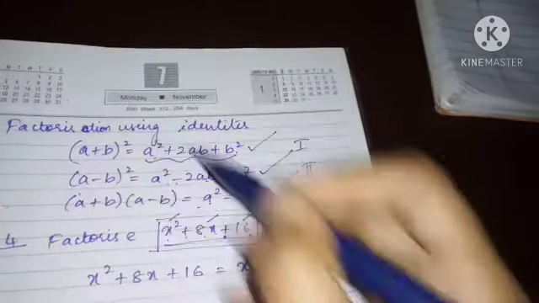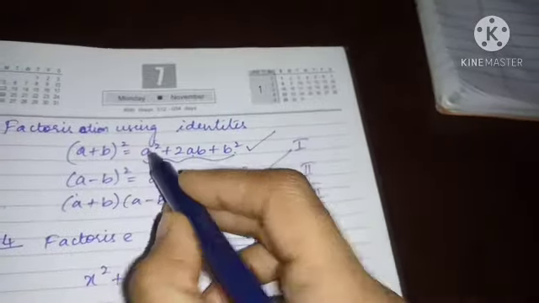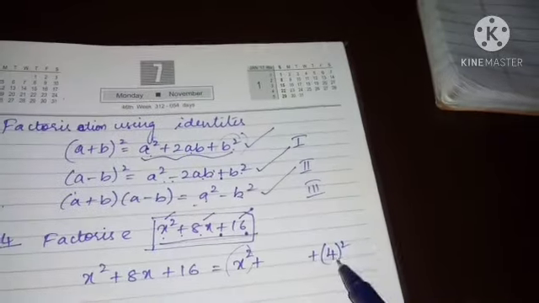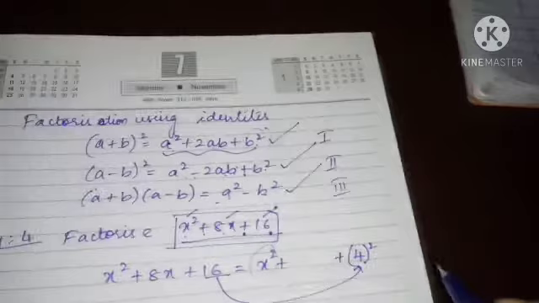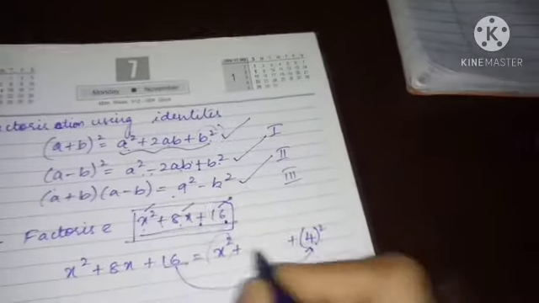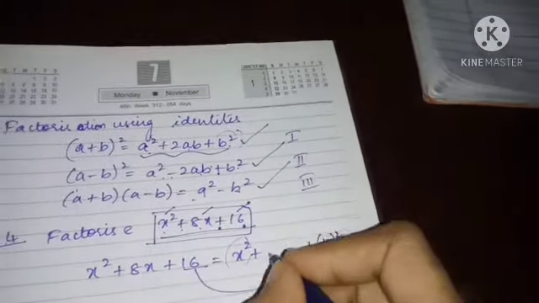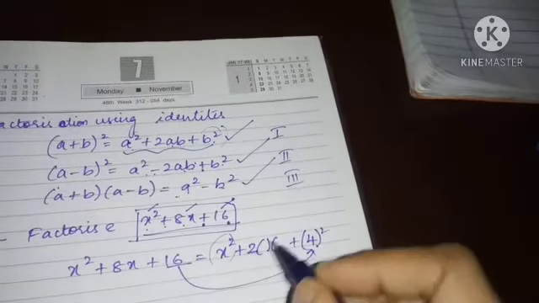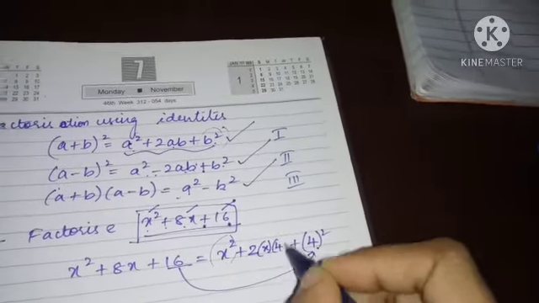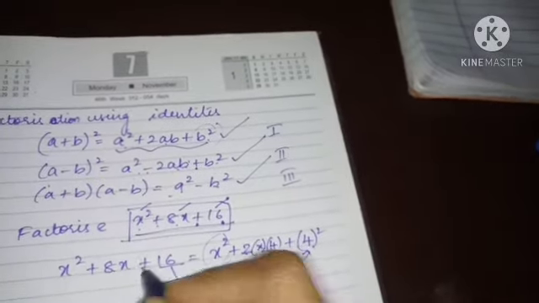Here x square is a square, and b square should be some square. 16 can be written as 4 square, 4 fours are 16. Now the middle term, 2ab, will come obviously. What is a here? x. b here is 4. 2 fours are 8, so 8x will come.